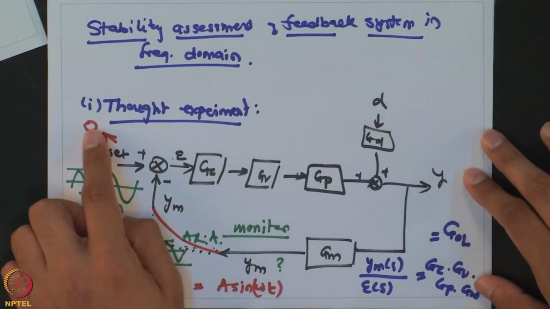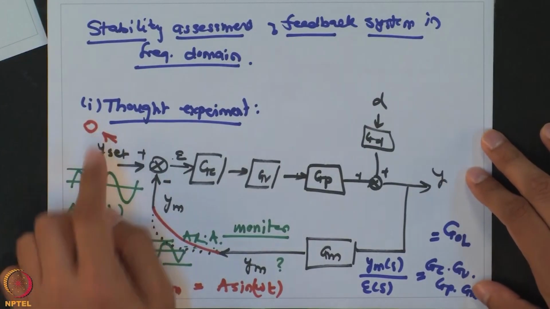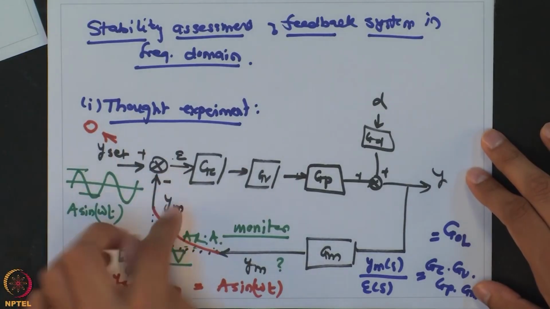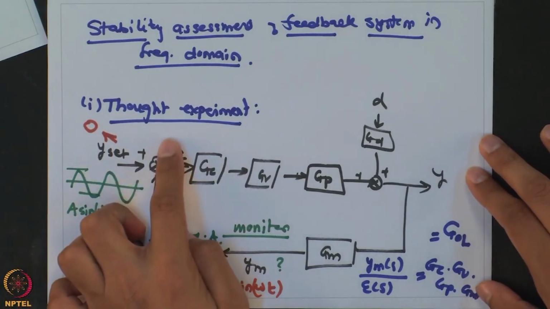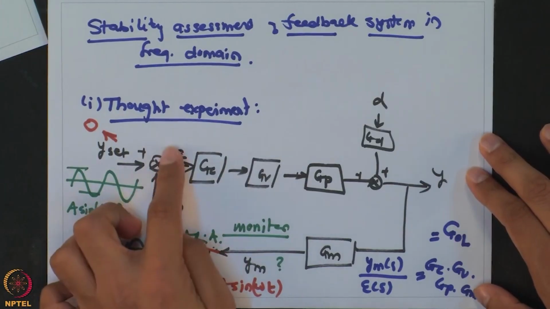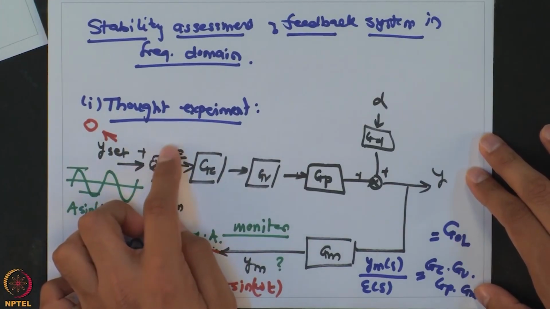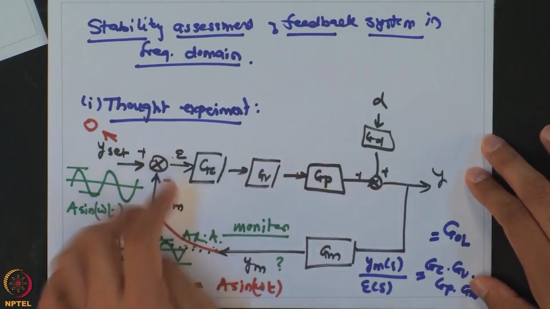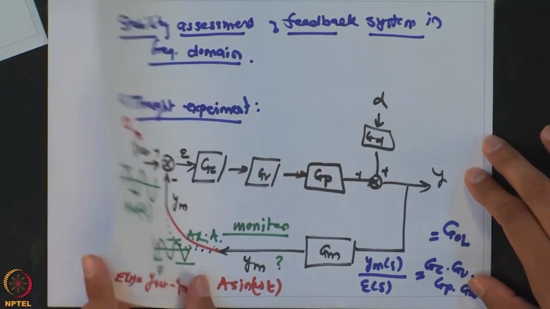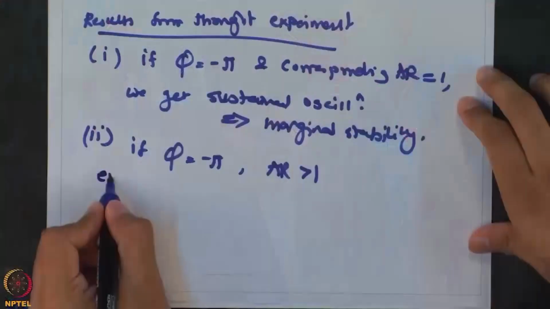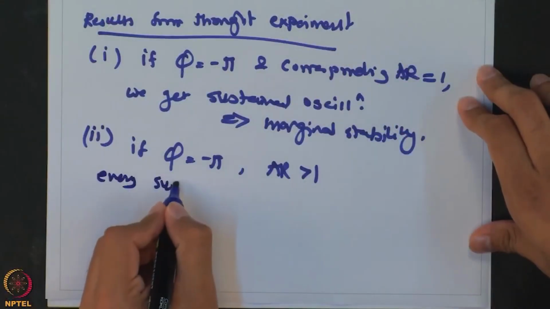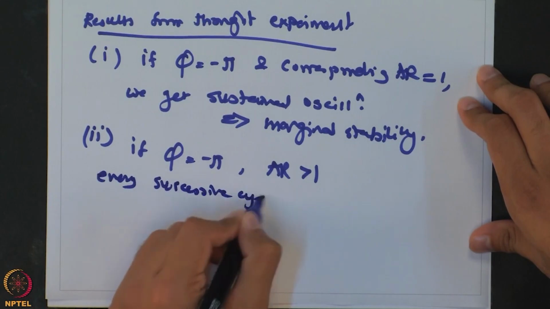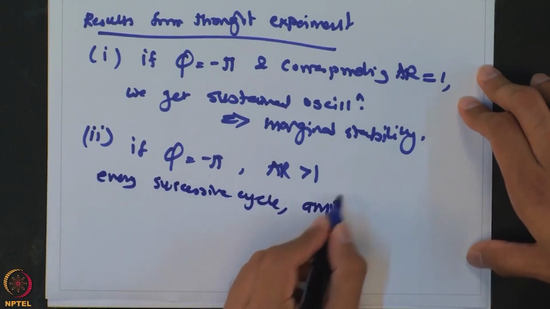We closed the loop, we made the y set to be 0, and if AR is greater than 1, if I put in A sin omega t, what I get is something which is more than A sin omega t. Then that goes into this next cycle, what we will get is even higher than that. So every successive cycle amplitude grows.